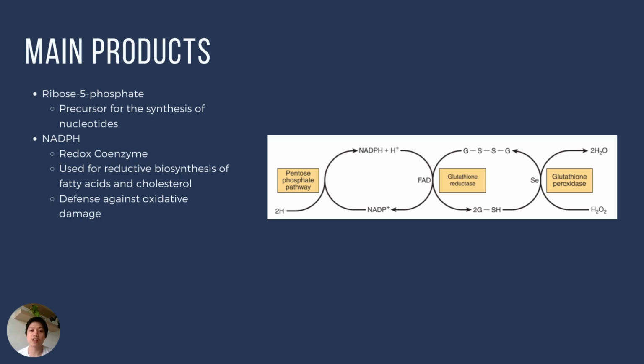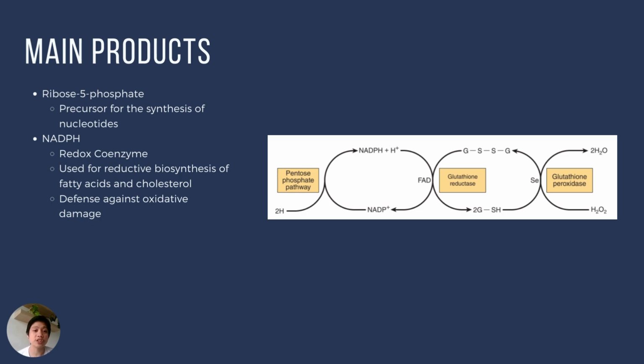So these free radicals can damage the cell, and they can even form chain reactions. And so the cell has to find a way to truncate or to stop the free radical chain reaction, and that is through the use of glutathione.